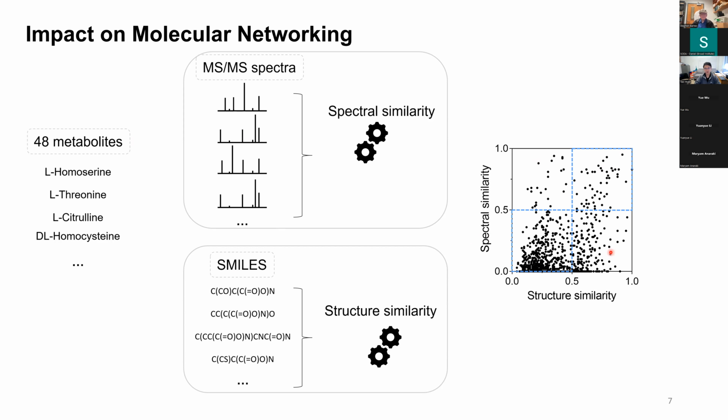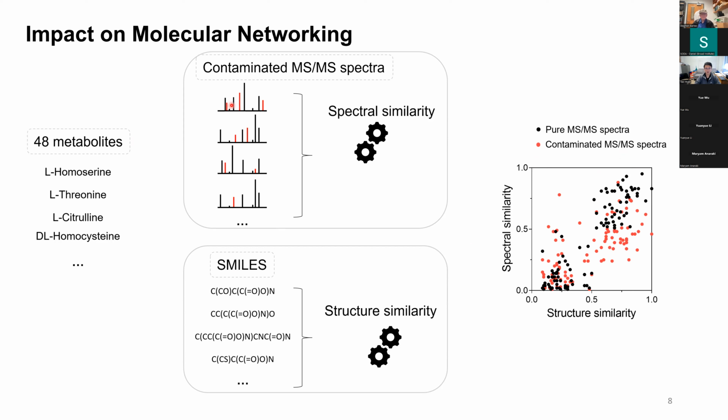Okay, so here are these high-quality MS/MS spectra, and we can also randomly add noise into these spectra to generate the contaminated MS/MS spectra, or chimeric MS/MS spectra, and we can redo the spectral similarity calculation, and then those pairs will show up as these red dots.